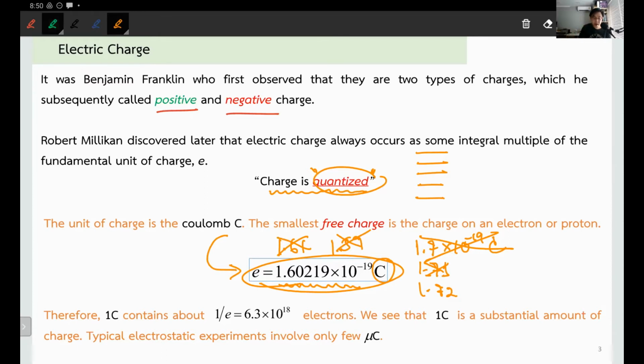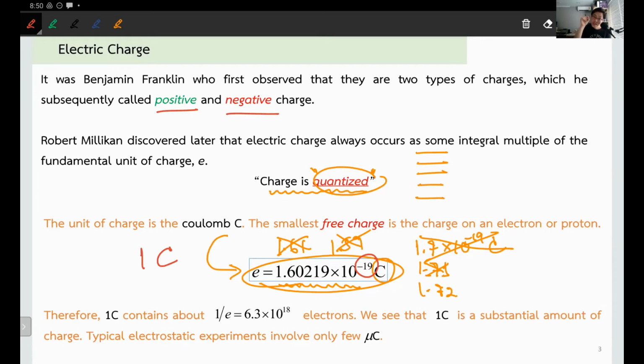But the reason that we don't care much is that this number is super, super small, negative 19 in power. So if I say 1 Coulomb, that will be fine. You pretty much can come up with the amount of electrons that you want to collect, and then give the net charge of 1 Coulomb. You can do that.